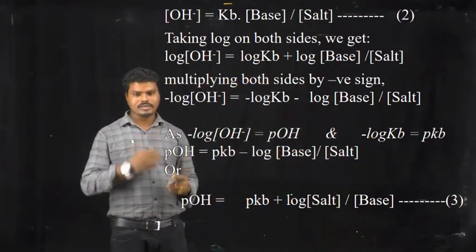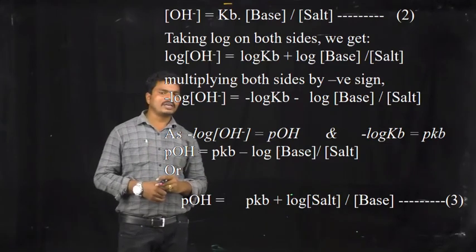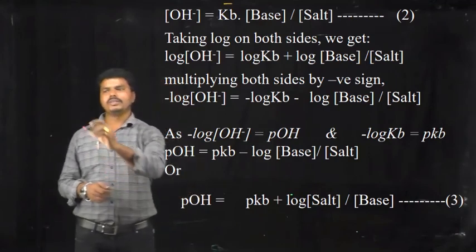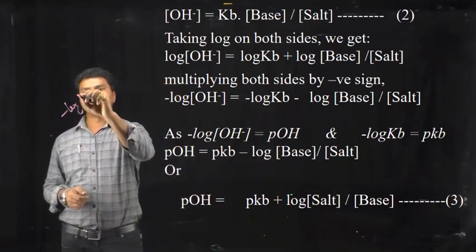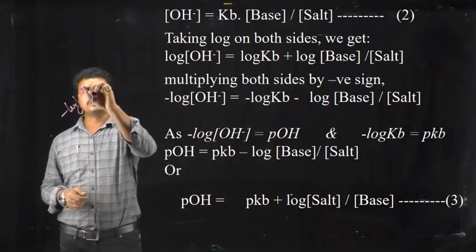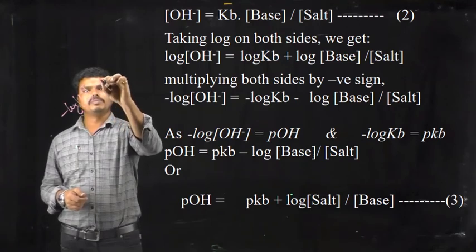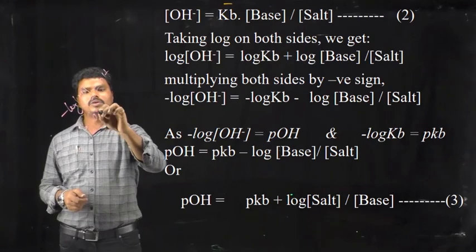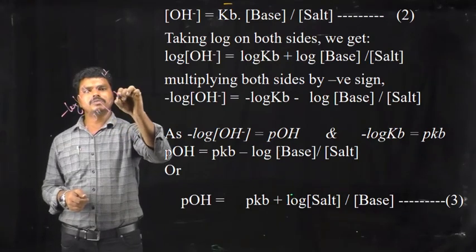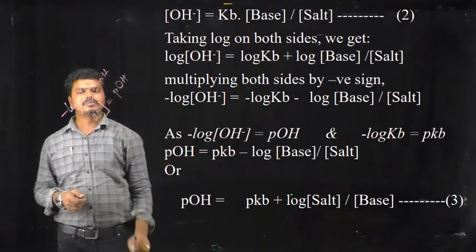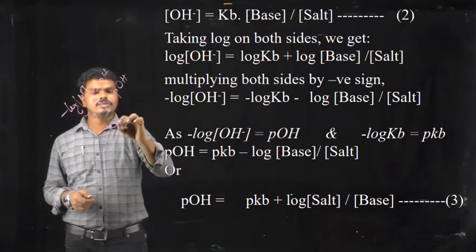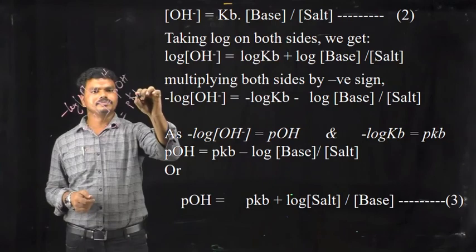And we know that the negative logarithm of hydroxyl ion concentration is nothing but pOH, the same as the negative logarithm of H plus ion concentration is pH, and the negative logarithm of OH minus ion concentration is pOH. Similarly, the negative logarithm of Kb is pKb.